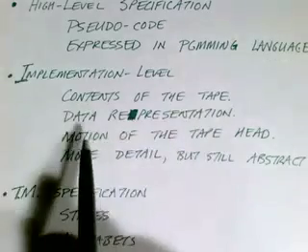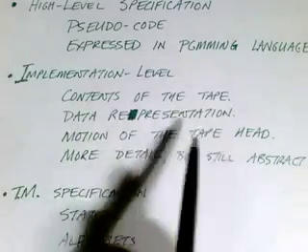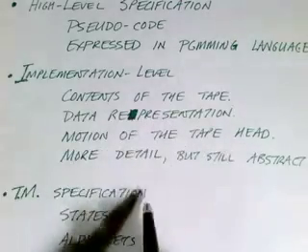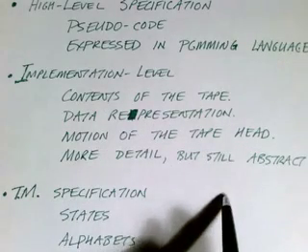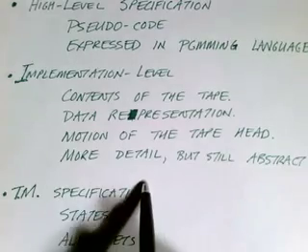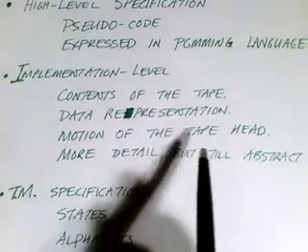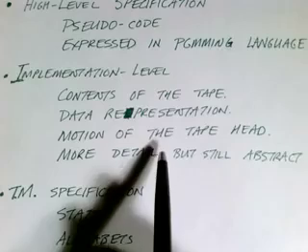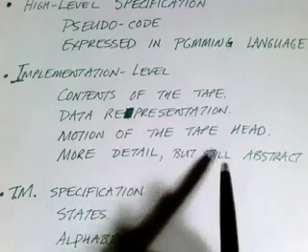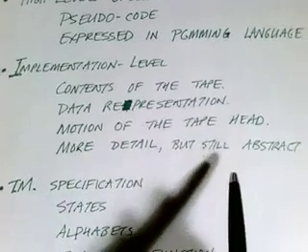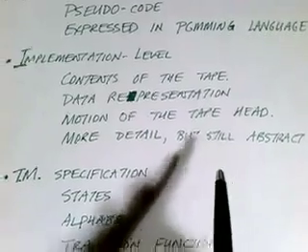And in describing the algorithm, we might talk about the motion of the tape head. We might say things like move the tape head all the way over to this mark, or move back to a comma. There's still a lot of detail, but at the same time it's still abstract to some extent. We don't actually have states and transitions.